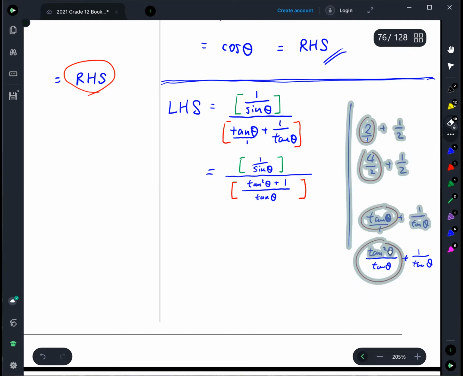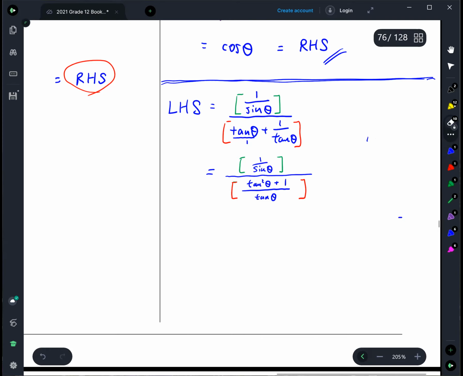Okay, now what should we do next? Anyone got ahead already? What can we do now? Anybody see something we can do from here? Can you simplify tangent square by tangent?